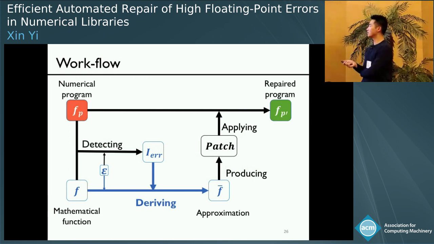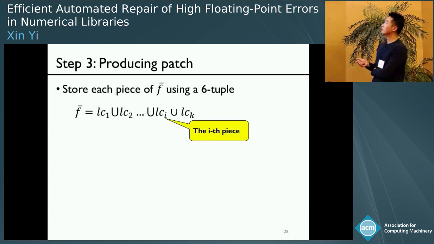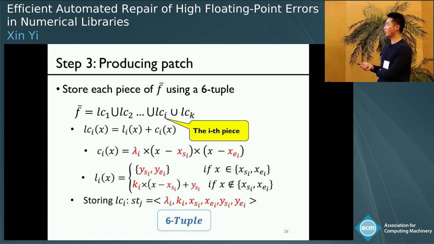So after getting the approximation, we convert it to a program patch. We should first store the approximation. For each piece of the approximation, we store the critical parameters, and we can get a 6-tuple for each piece.